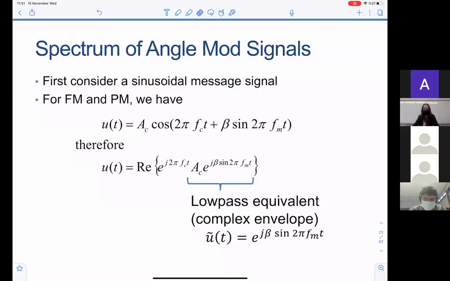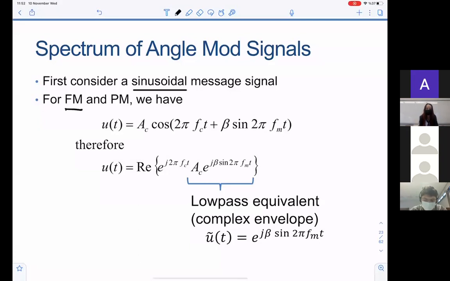So last time we started talking about the spectra of angle modulated signals. To make things simple, we will consider sinusoidal message signals, in other words, single tone message signals.